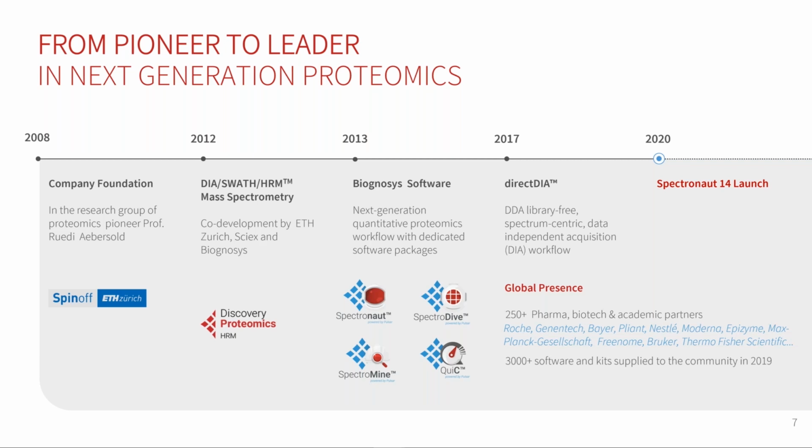Of course, our flagship product is a feature-rich and powerful software to analyze DIA data called Spectronaut. And in 2017, we integrated the DirectDIA workflow into Spectronaut that enables DIA analysis without a DDA library. And that's something we will, of course, hear more about later. And with that, our latest milestone is the release of Spectronaut 14.